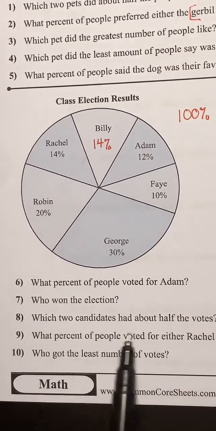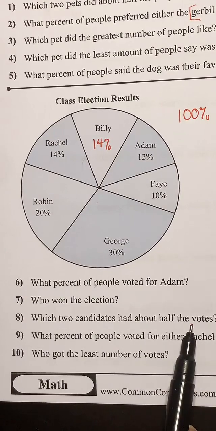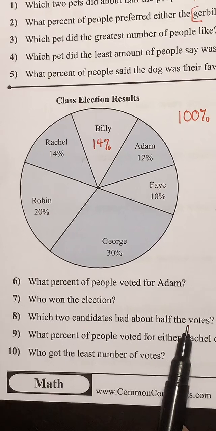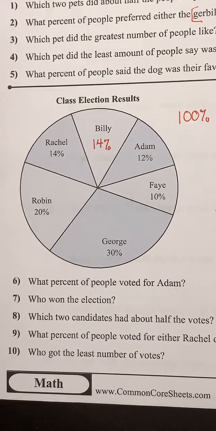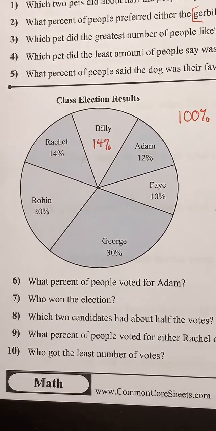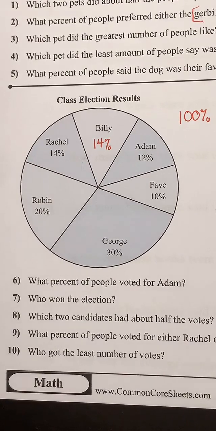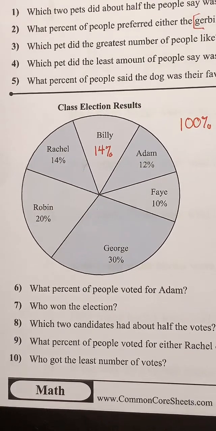Okay, which two candidates have about half the votes? Okay, so which two has about half the votes? What do you guys think? Okay, it's maybe a little bit tough to see.